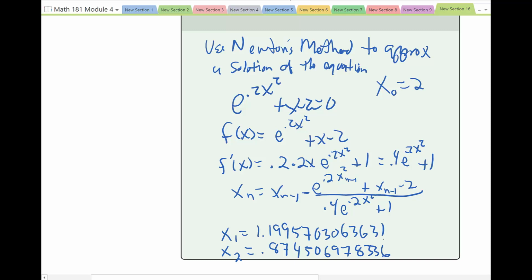That's it. So they just want us to do 2 iterations. Okay, hope that helps. That's the end of Newton's method. Yay.